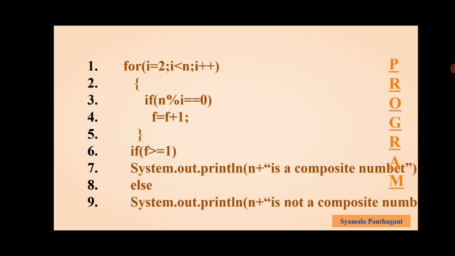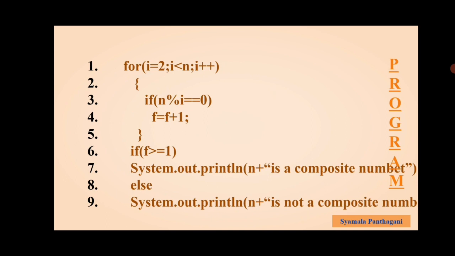If n is divisible by i, meaning n mod i is equal to 0, then i is a factor of n. That's why we have increased the count of the factors, that is f is equal to f plus 1.